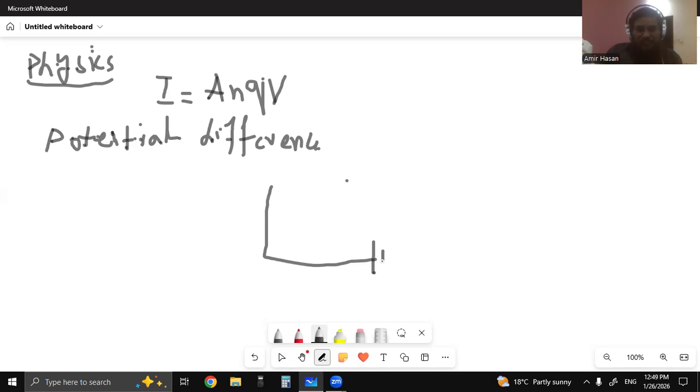There is a battery, a cell, with a positive terminal and a negative terminal, and in every circuit current moves from positive to negative. There is also a resistance through which the current is moving.